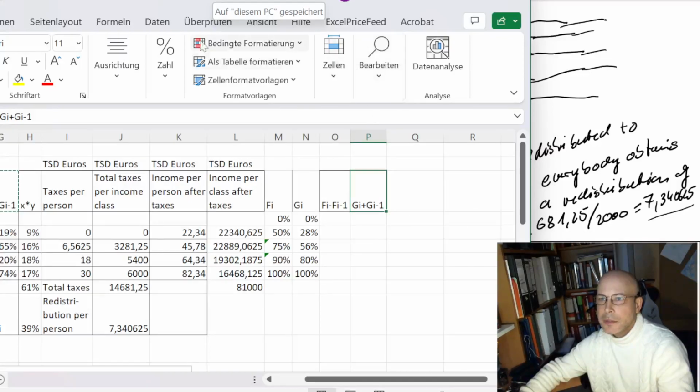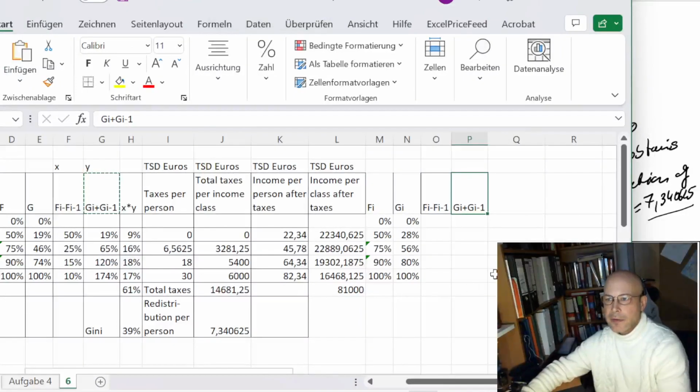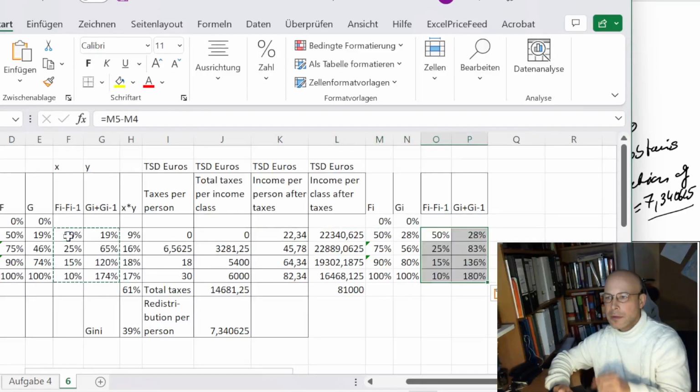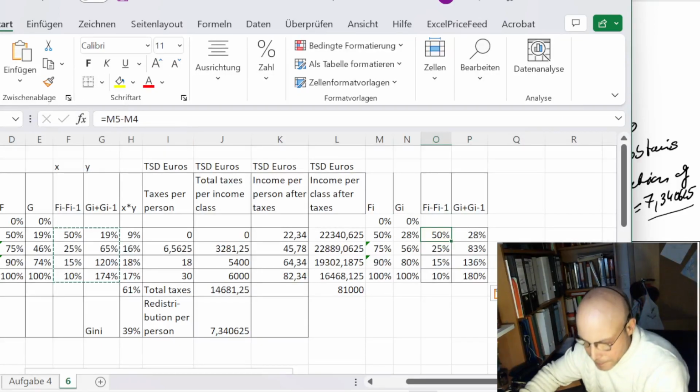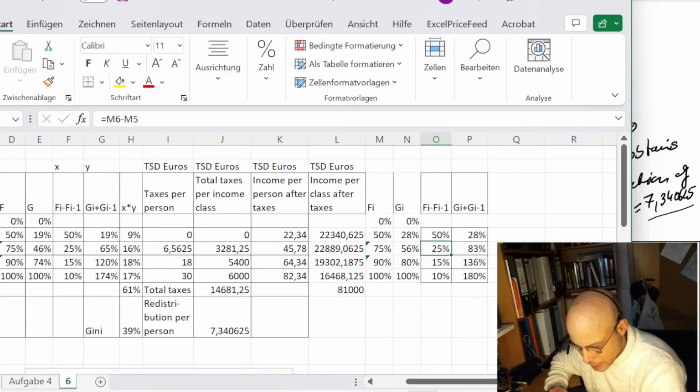You see me still. And since we already have calculated this here, we can just put always the formula from here and copy it right here. Let's click in M5 minus M4. Okay, this is the right one.